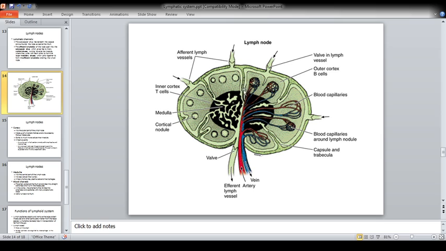These cortical sinuses would go inwards toward the medulla, where they combine together to form the medullary sinuses. These medullary sinuses would then combine to form an efferent lymphatic vessel.